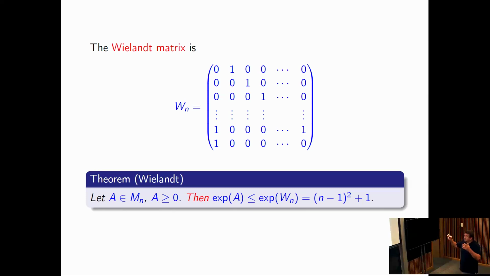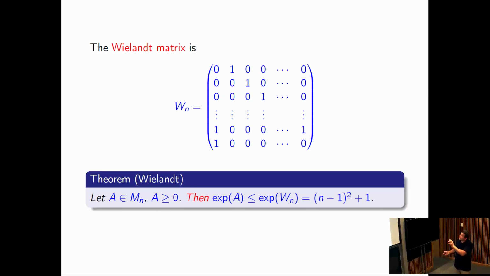This is a nice chapter of what could be called combinatorial linear algebra, and it goes back to Wielandt. It turns out that the extremal number is quadratic in the size of the matrix, and the maximum of the exponent is achieved on this Wielandt matrix.